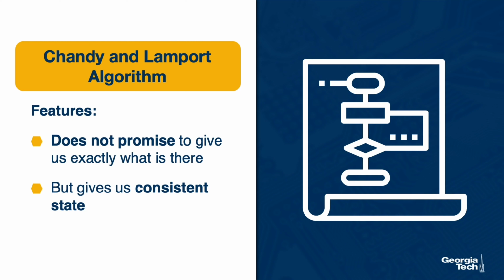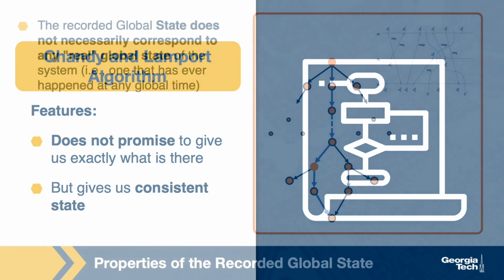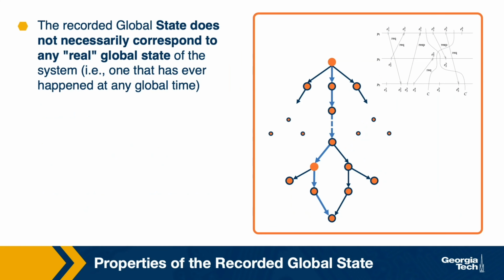But the algorithm guarantees that the snapshot of the global state created by following the rules of the algorithm is a consistent state in the distributed system. In other words, the recorded global state does not necessarily correspond to any real global state of the system, not an actual state in which the system currently is or in which the system even has been at some prior time during its execution.